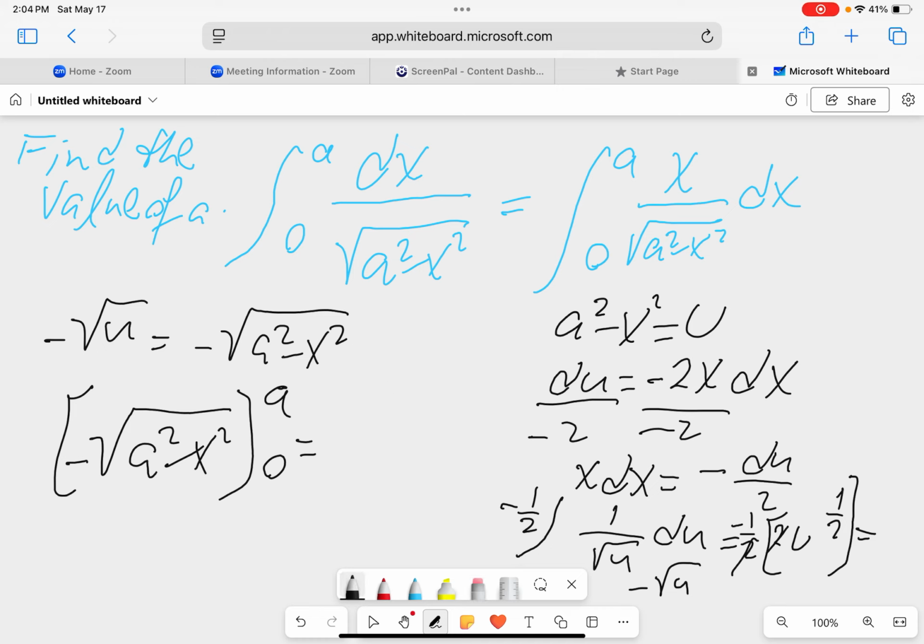This one becomes negative square root of 0, and then minus this one becomes plus square root of a squared. And then this negative square root of 0 is simply 0, right? And then square root of a squared here is going to be the absolute value. Well, not the absolute value, but we are not trying to make it positive. It means that we have a set of two solutions.